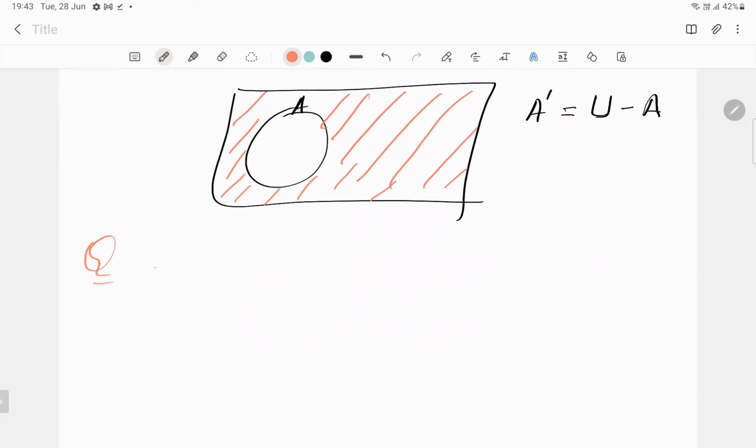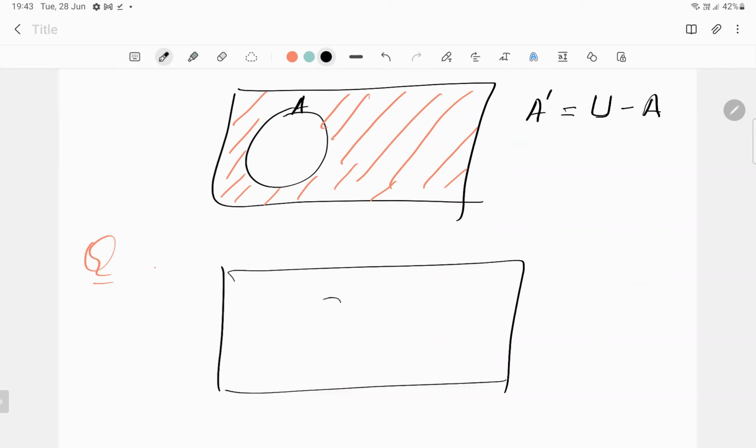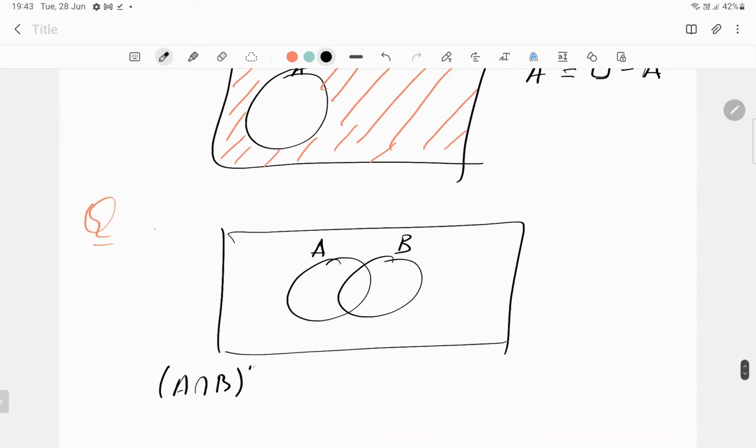Understood. Now there is a question. Suppose we have the sets A and B. Now, what will be the complement of A intersection B? What is the intersection part?